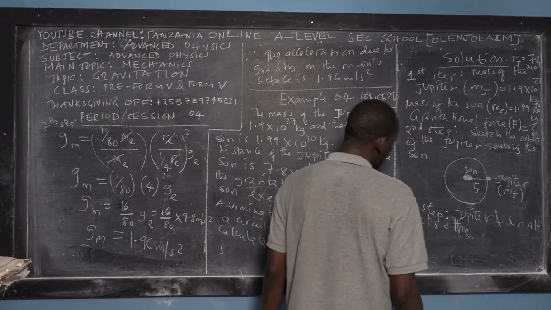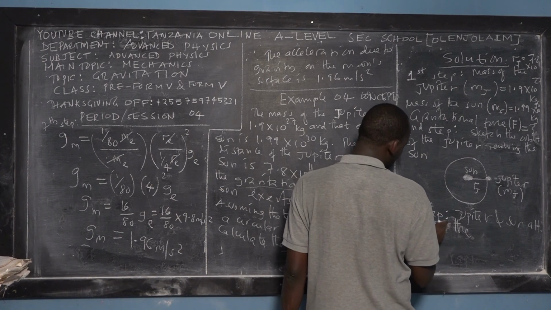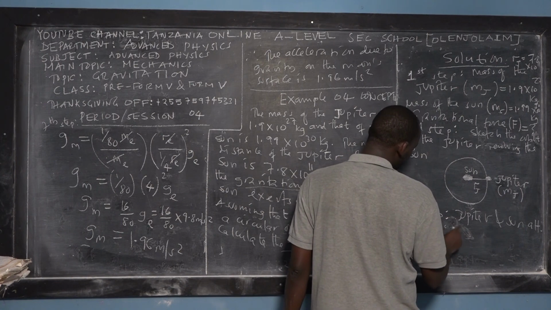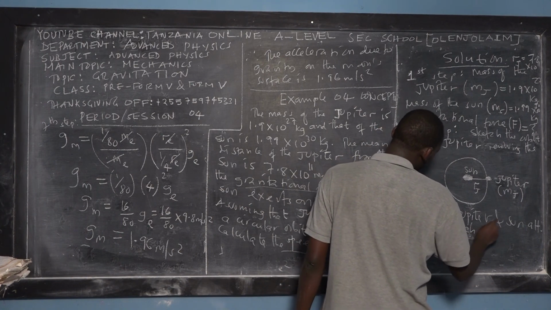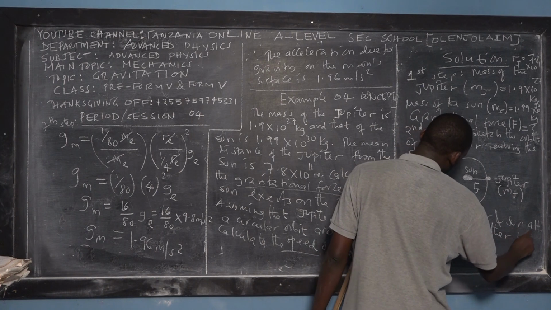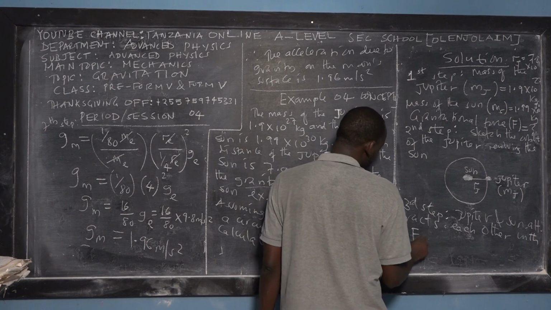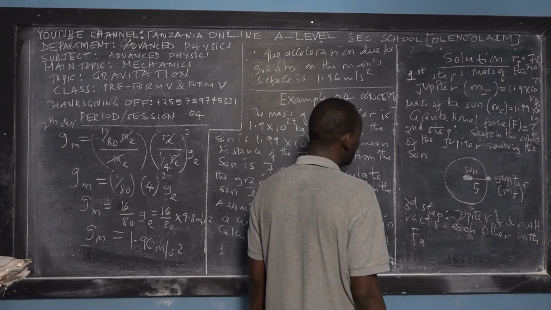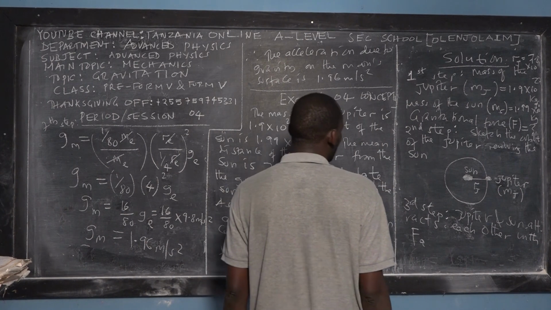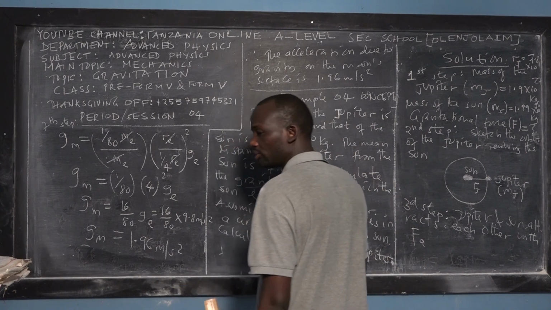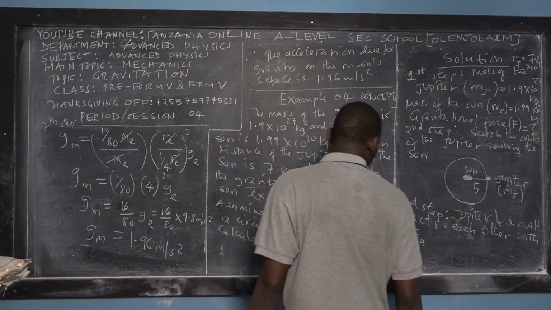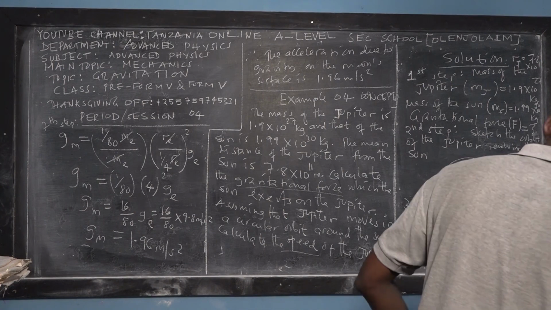This is the force that we call Newton's universal law of gravitation. So if they attract each other, then because the question asks us, we find that force of attraction.